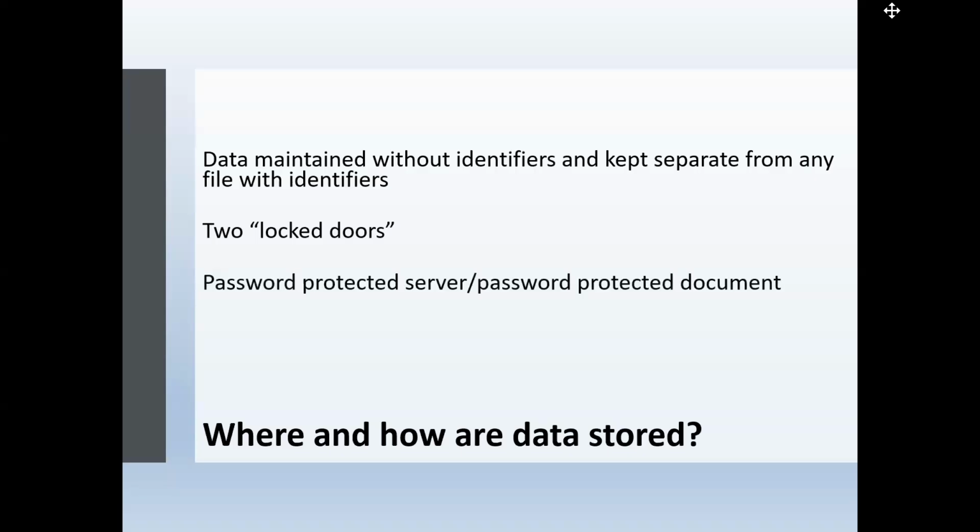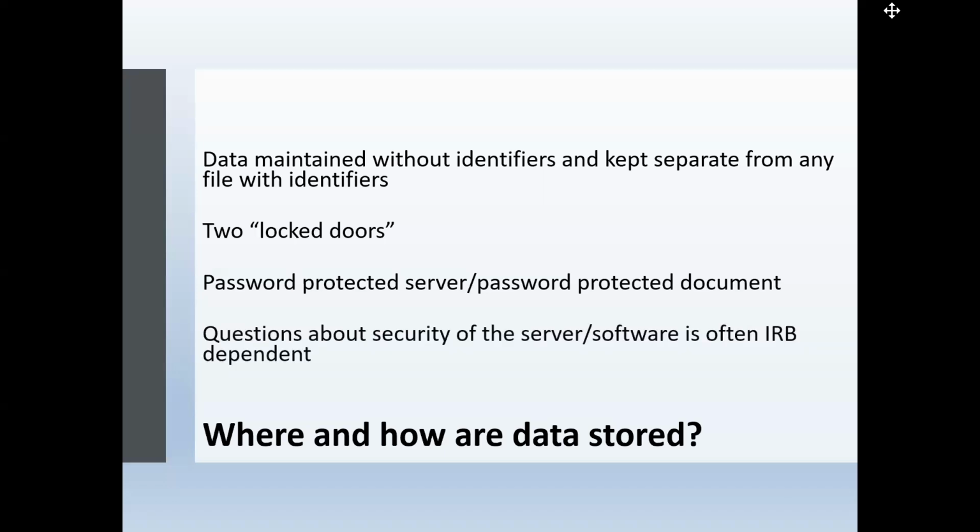There could be a password-protected server or a password-protected document, for example. Ultimately, the requirements for data security come down to what is stipulated by the IRB. When you submit your protocol, you can have discussions with the IRB about requirements for data management and security.